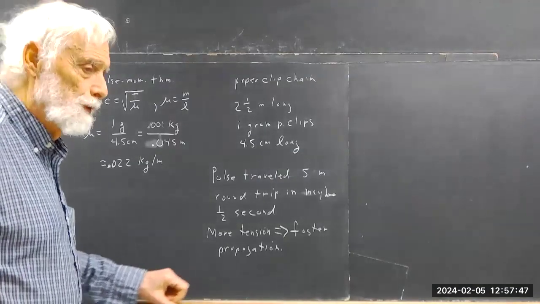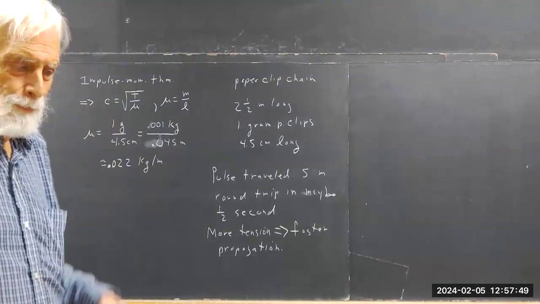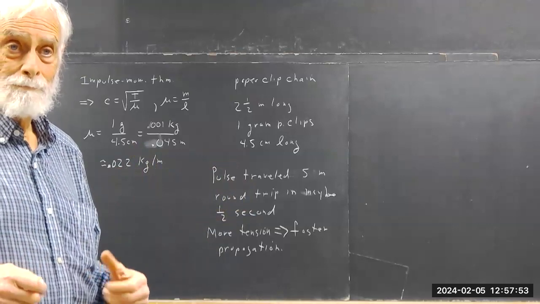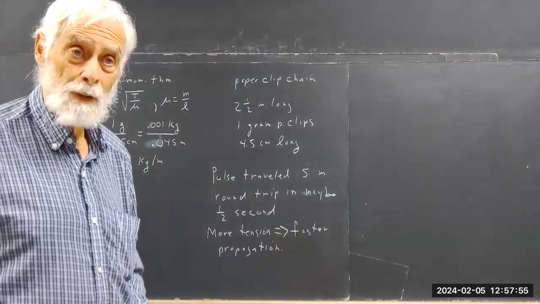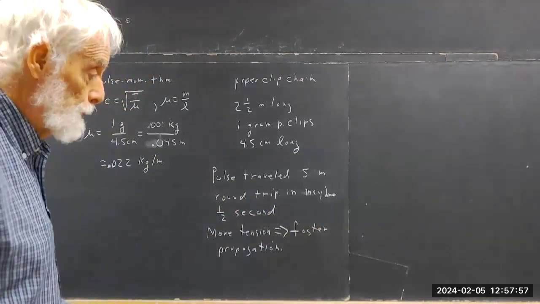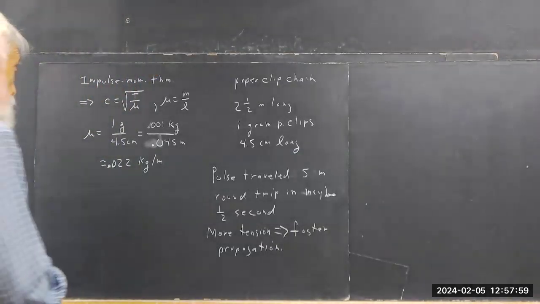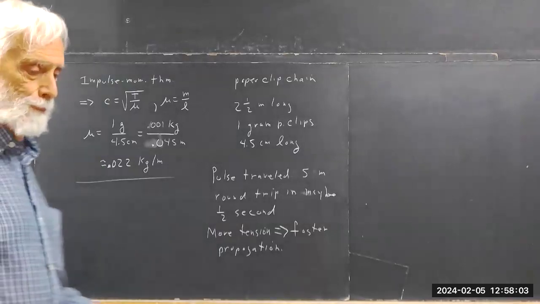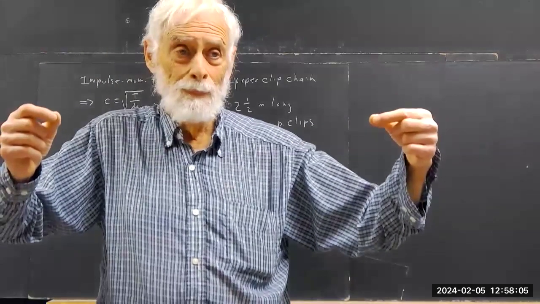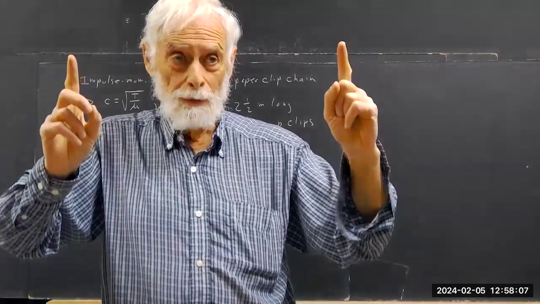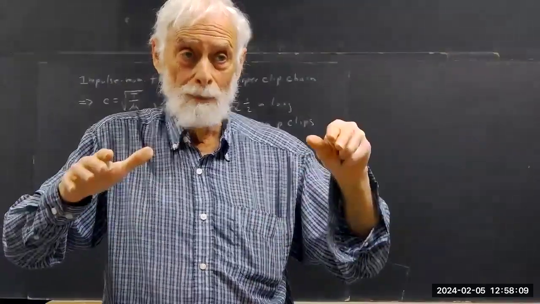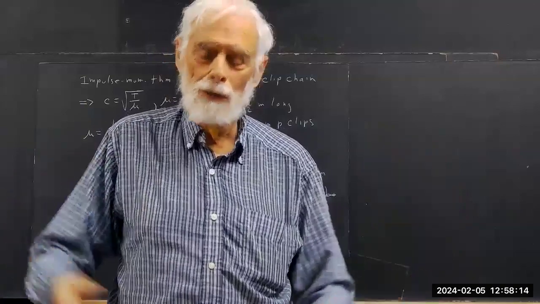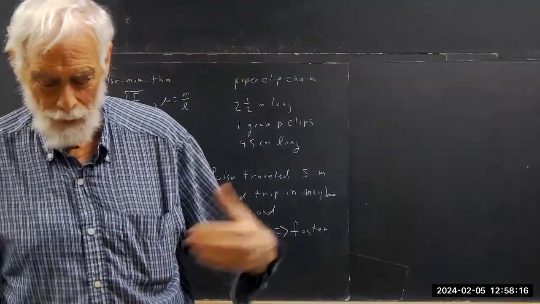Another thing about tension is that the tension in the chain is greater at the ends than in the middle. Some of the problems we did early in the semester established that. The tension at the ends has a vertical component that supports the weight of the chain. I said the tension in the ends is equal to the weight of the chain. That's not right.